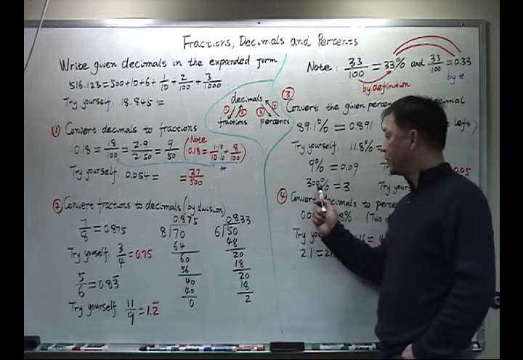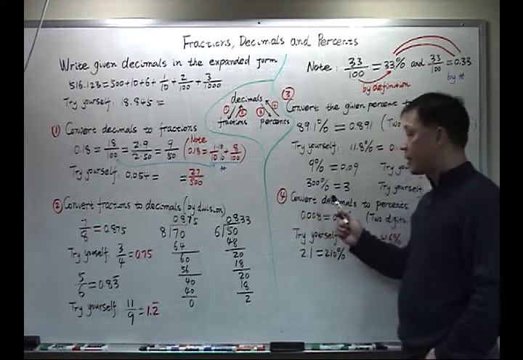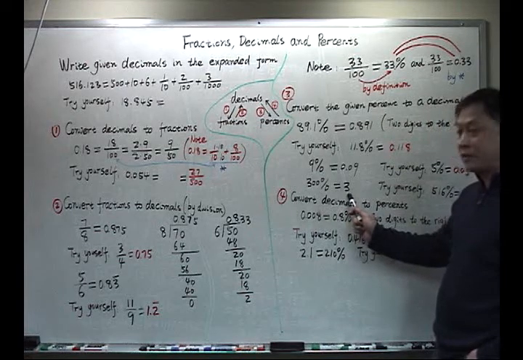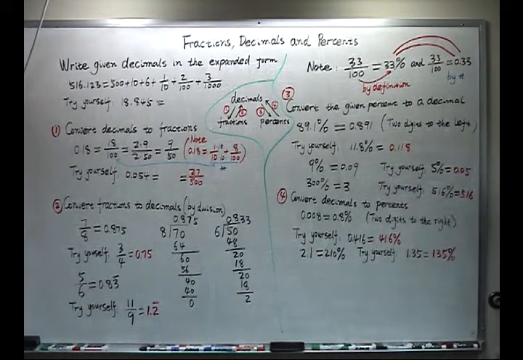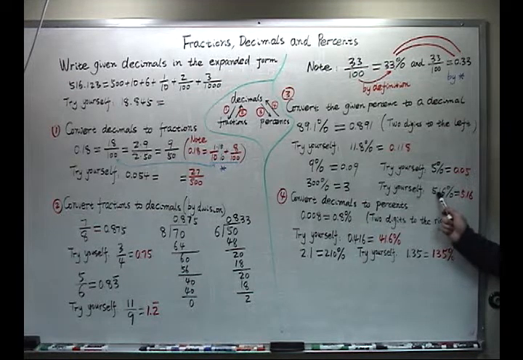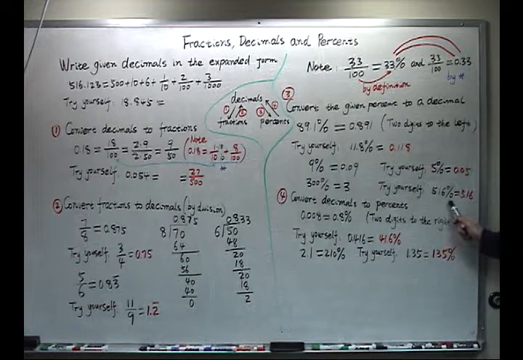Then 2 digits to the left is 3.00. 3.00 is just 3. Try this one yourself. 516%. Decimal point is right here. 2 digits to the left. So you have 5.16. That's the final answer.